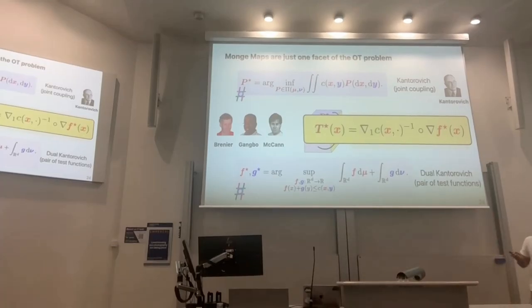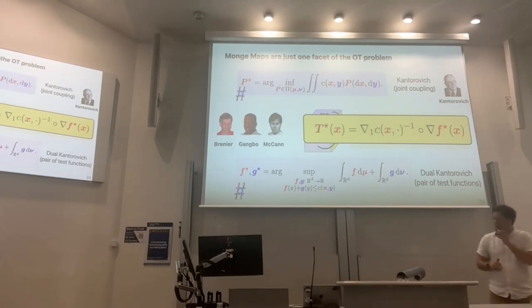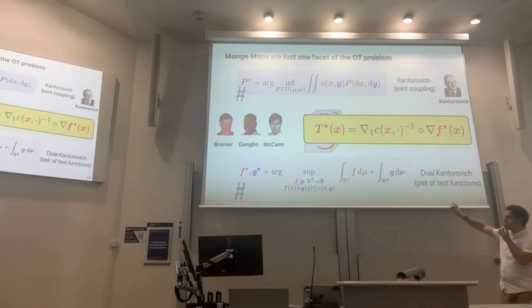So usually, if you're familiar with duality, typically this is the question of allocation here, and this is the question of pricing. So you try to find two price functions for those two distributions. And you optimize them with the constraint that the price of x, f of x, plus the price of y, g of y, is bounded by the cost.